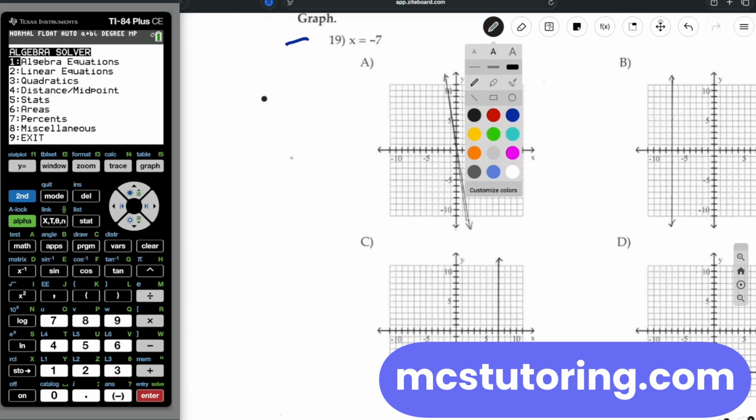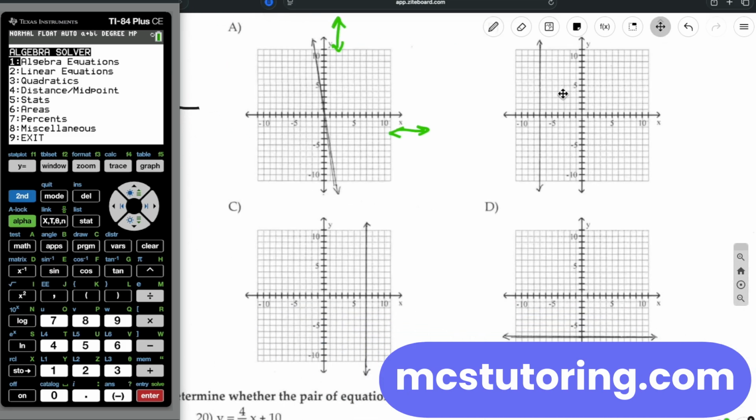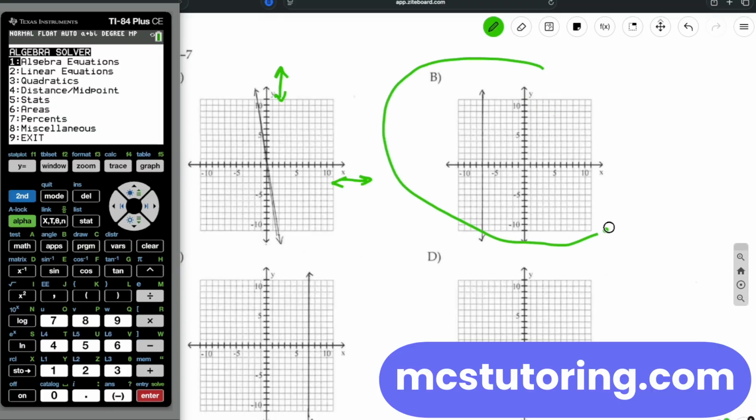So if I put the coordinate plane like that, here is where x is -7, because the x axis is left and right like this, and the y is up and down like that one. And that's when they label these axes. X is -7 goes like -7 forever. So it's just that vertical line at x equals -7. It's not even a calculator thing. You can do it by hand pretty easily, so I'm just going to include that.